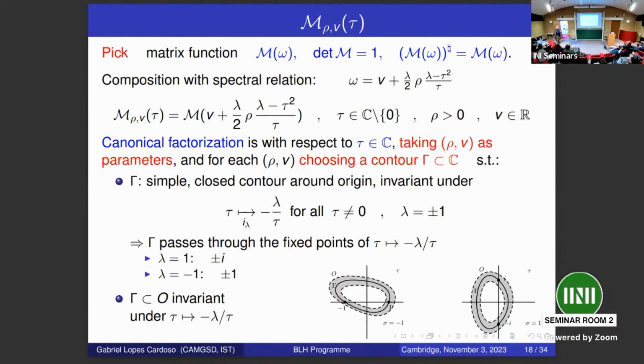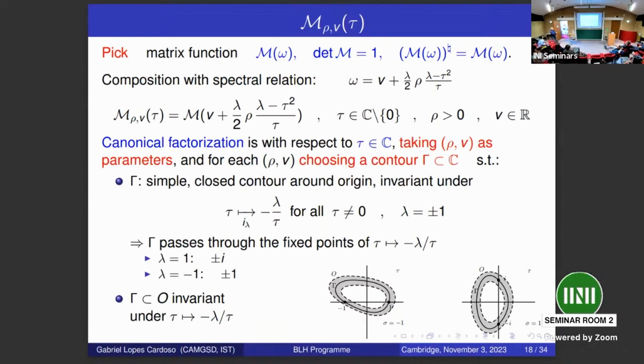Well, you start from a matrix curly M that depends on W. You take it to be a matrix with determinant equal to 1. You take it to be a matrix that is invariant under the involution I had introduced earlier on. Now remember, there was a spectral curve relation, and this is the other point of view.